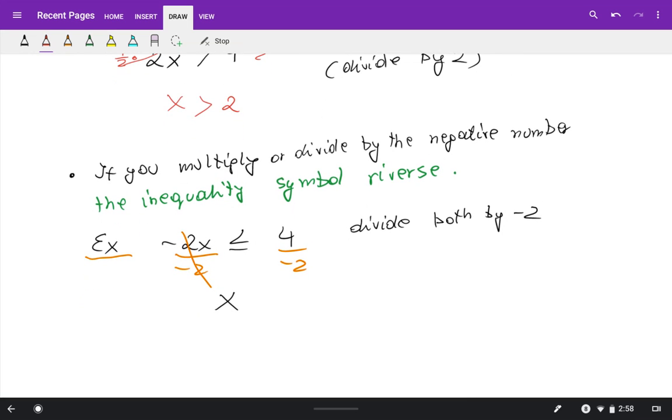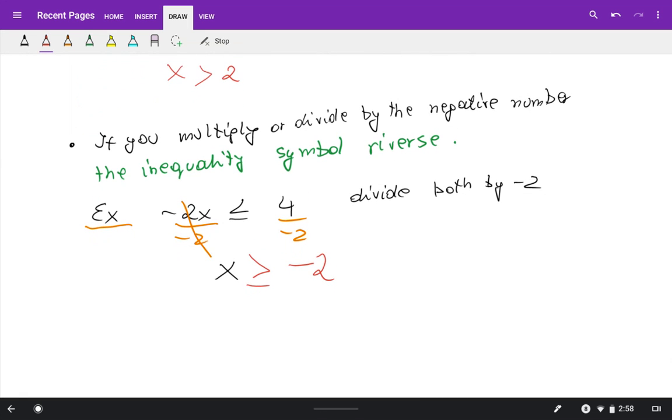So less than or equal will become greater than or equal, and here we have just negative 2. Okay, so that's the multiplication slash division property.